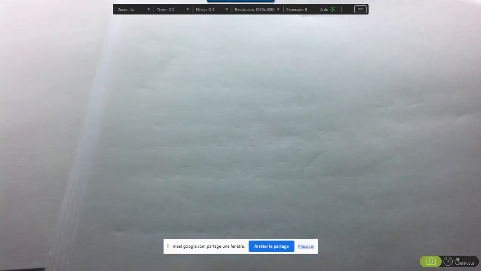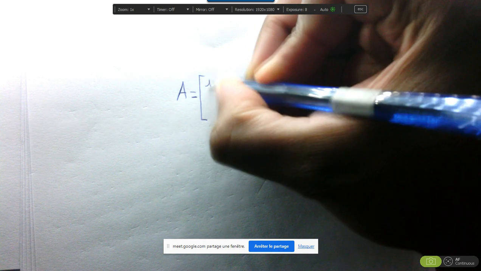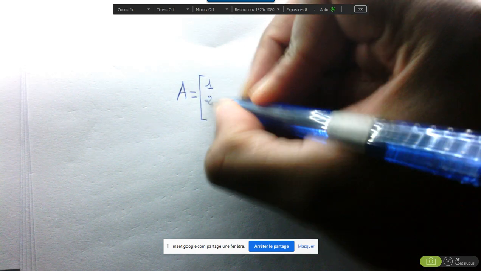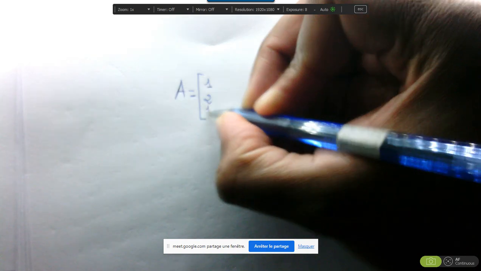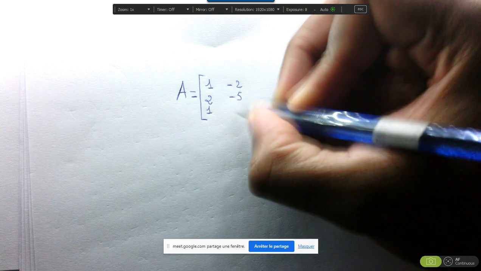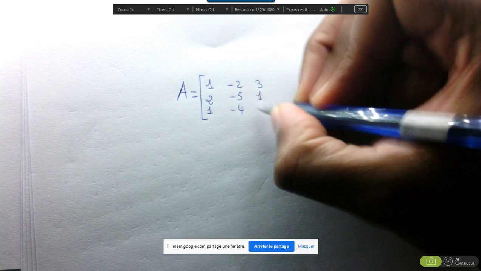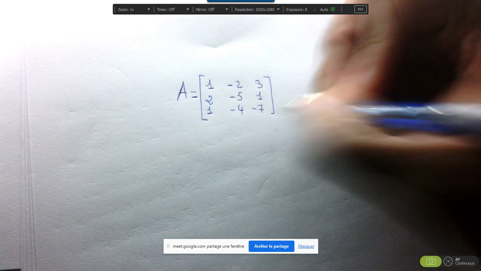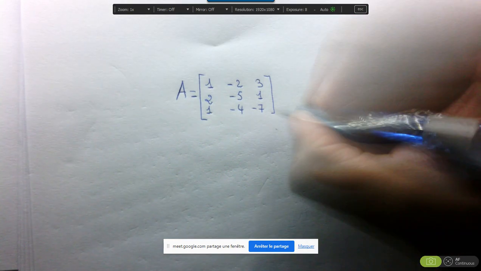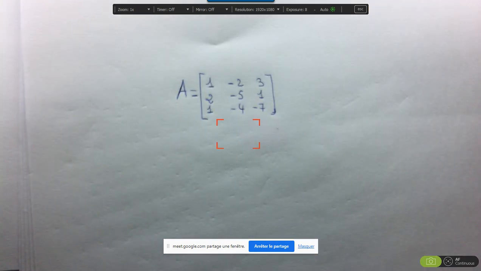So we have the matrix A here, that is like this: 2, -5, -4, 3, 1, -7. Now I suppose that we all know how to find row echelon form.